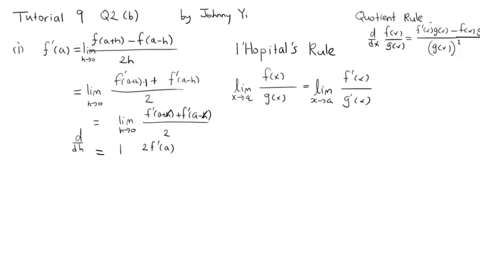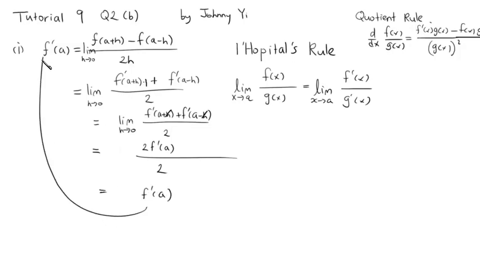Don't worry about this thing here, I'm just going to erase that. So this is equal to 2 f dash of a over 2, so you get f dash of a, which is the left hand side.